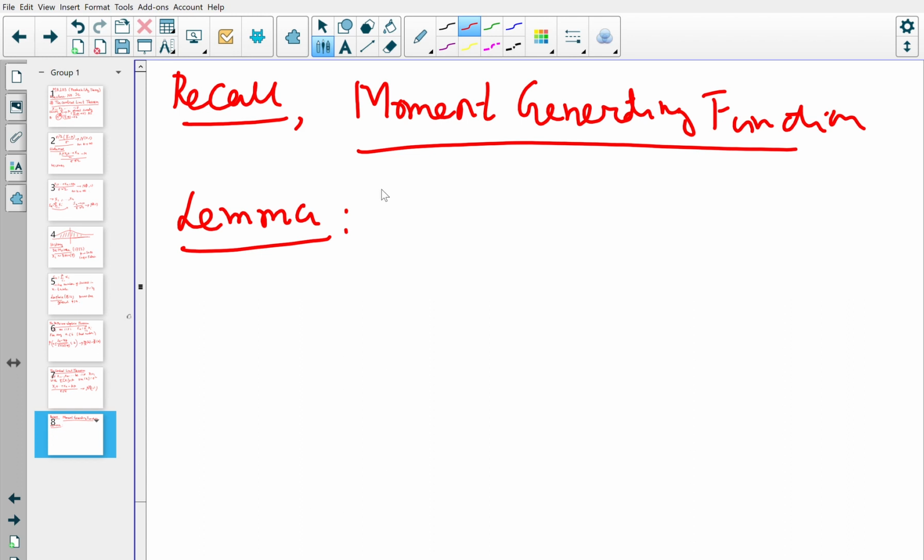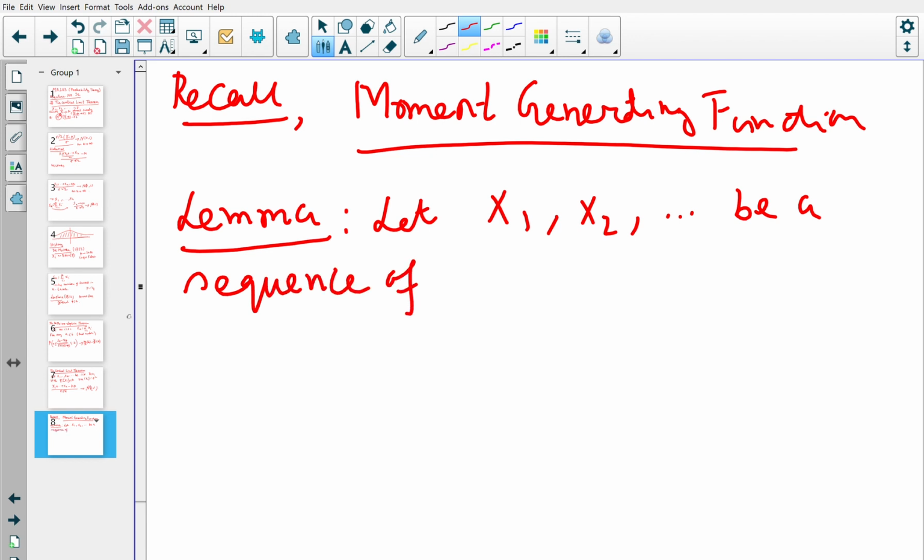So suppose you have a sequence of random variables, say x1, x2, and so on, with cumulative distribution function, say F of xn.